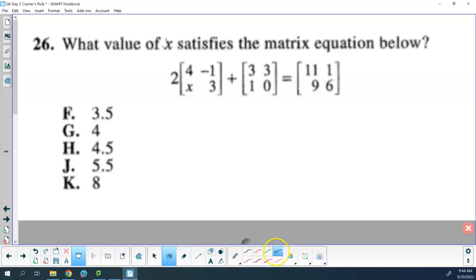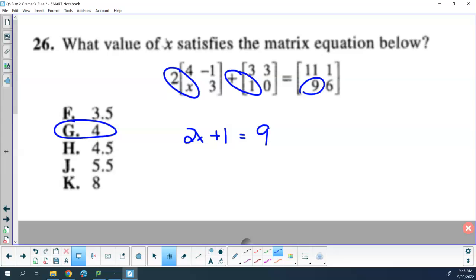Well, that would tell me then that 2 times x plus 1 has to be 9. So what does x need to be? 4. Right?